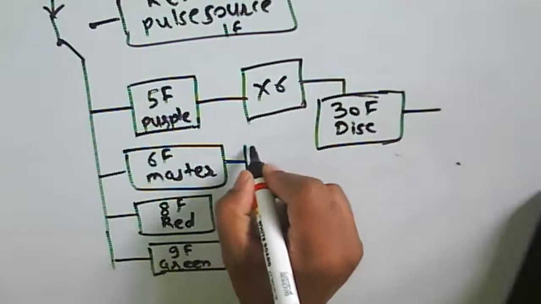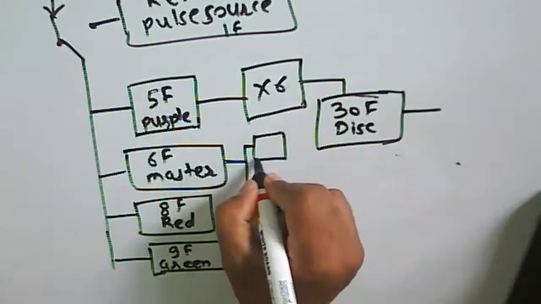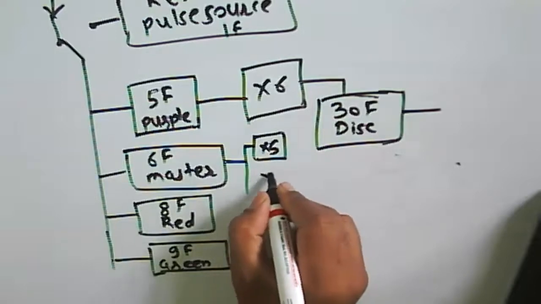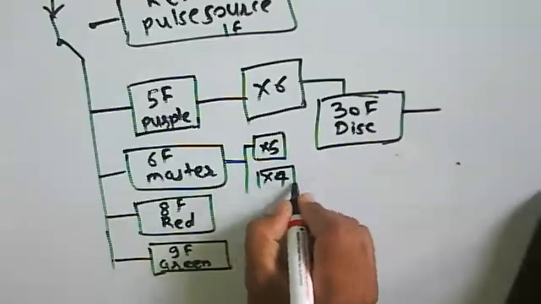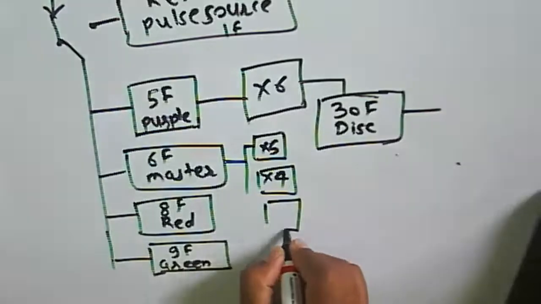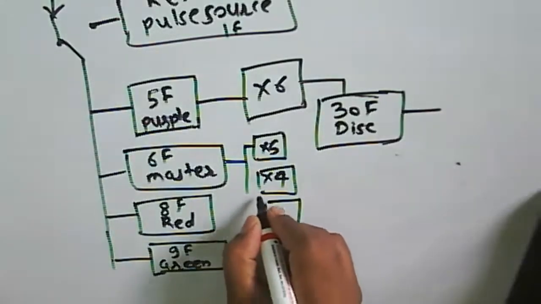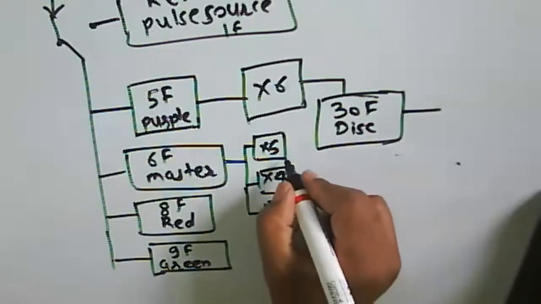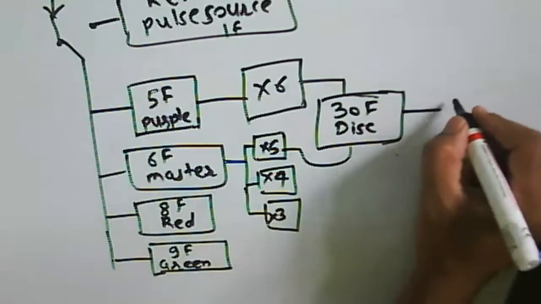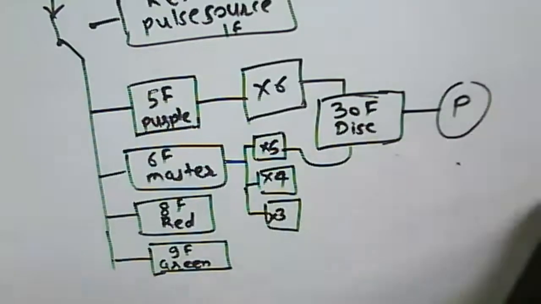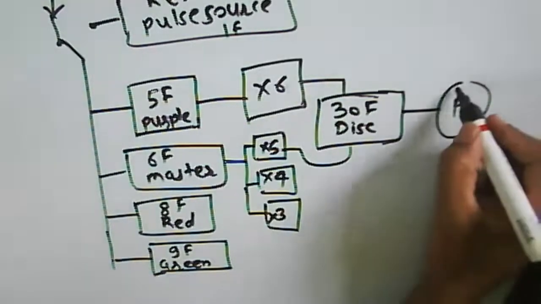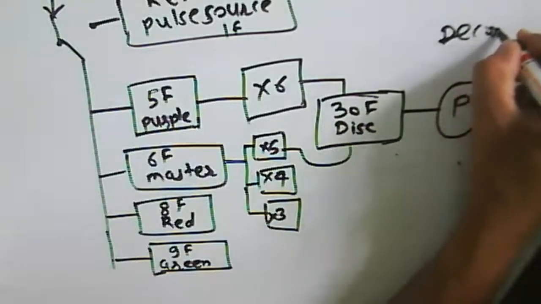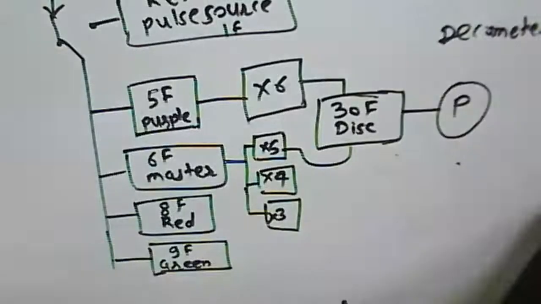For the master, it has different multipliers: 5, then 4, then 3. That is useful to obtain the purple signal, and this is called a decometer.